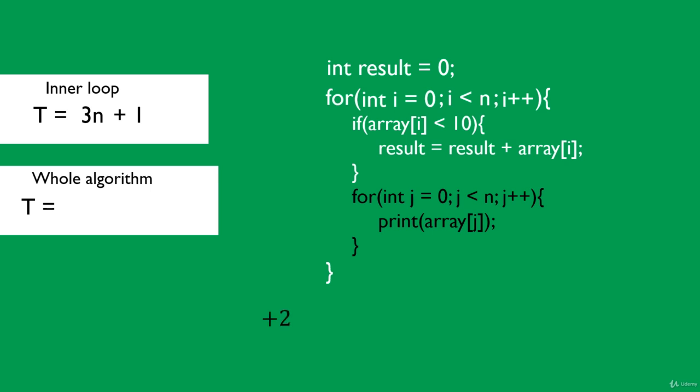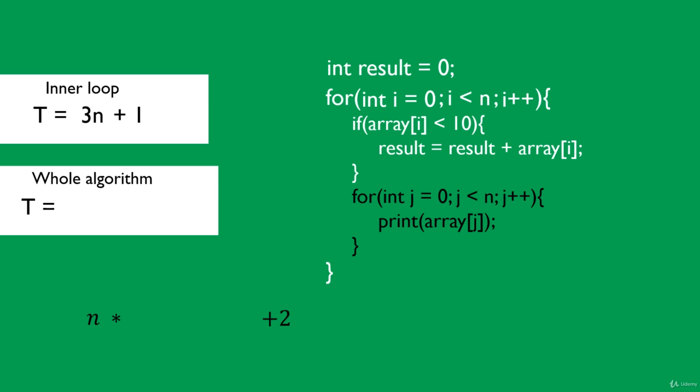Then for each element, so n times, I check whether the array on index i is smaller than 10. But I don't know whether this is true or not, right? It depends on what elements are in the array. For example, if all the numbers in the array are greater than 10, we need just one instruction, because this line will never happen.